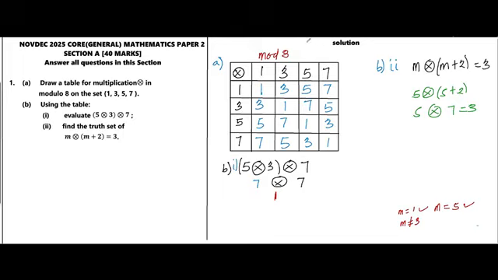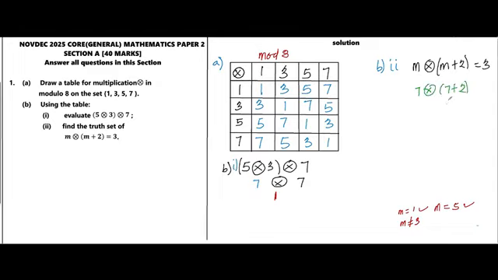Then let's test the last one. This time we substitute 7 in place of m. Anywhere we see m, we substitute 7. So 7 times (7 plus 2).